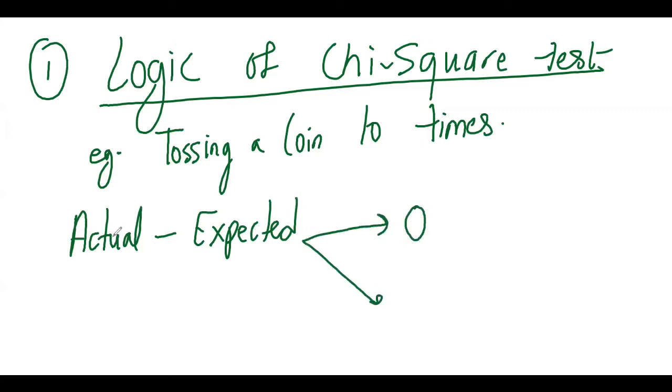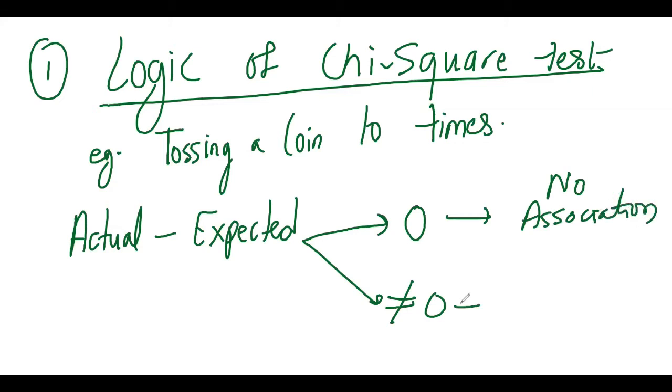The difference between them should be 0, and is actually 0. And suppose sometimes the actual minus expected is not equal to 0. So how do we conclude that? If there is no difference between actual and expected, the answer is there is no association. And if the difference is not equal to 0, it means association exists.